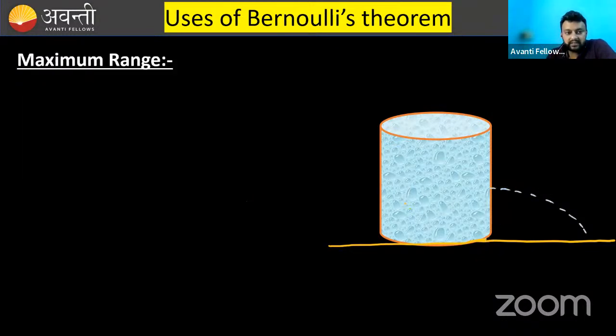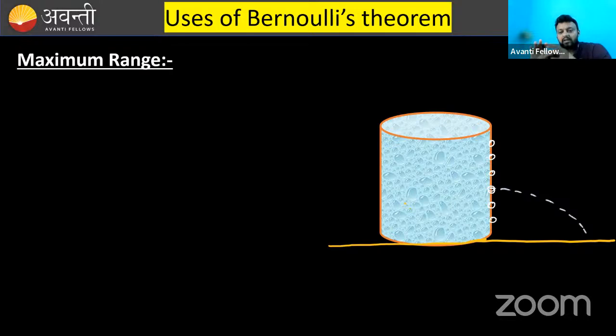Now, one thing is maximum range. There are two questions. What is the value of the maximum range? And the second thing you can notice here: if this orifice is made at different places, this range will vary. So the first thing we need to identify is at which depth the range will be maximum.